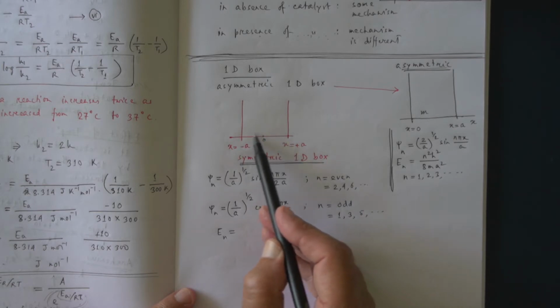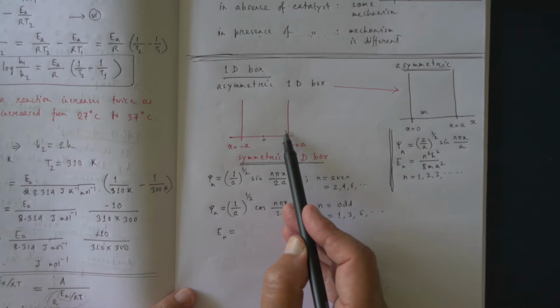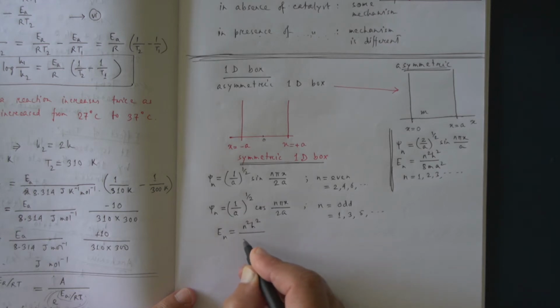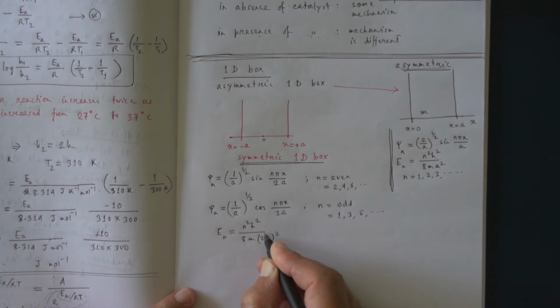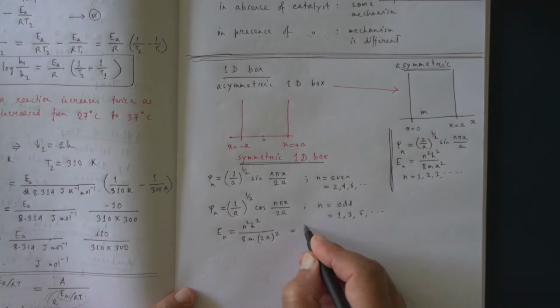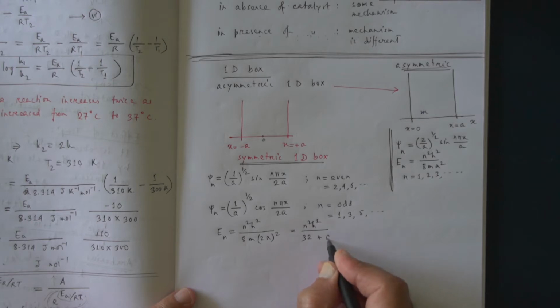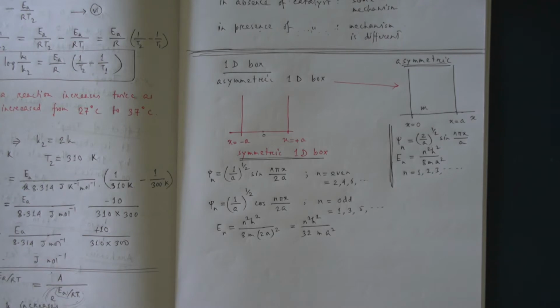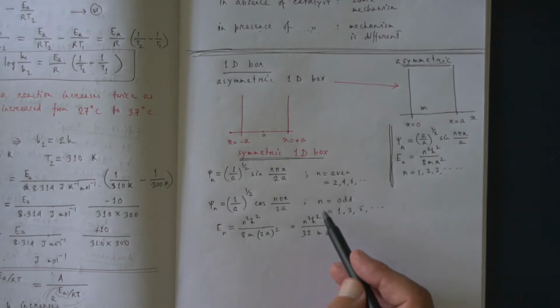So here energy equals n square h square by 8m times 2a whole square, since the length of the box is now 2a. So this will be equal to n square h square by 32 m a square.